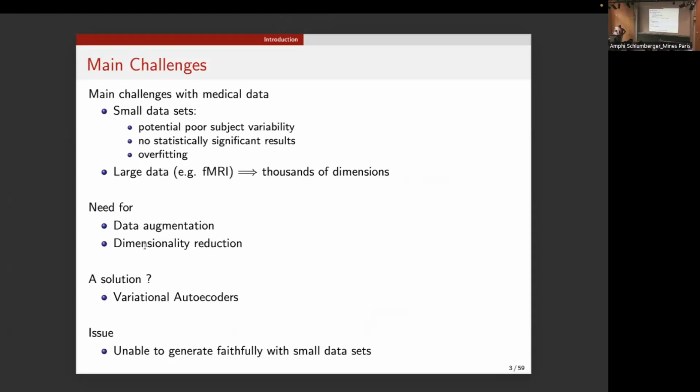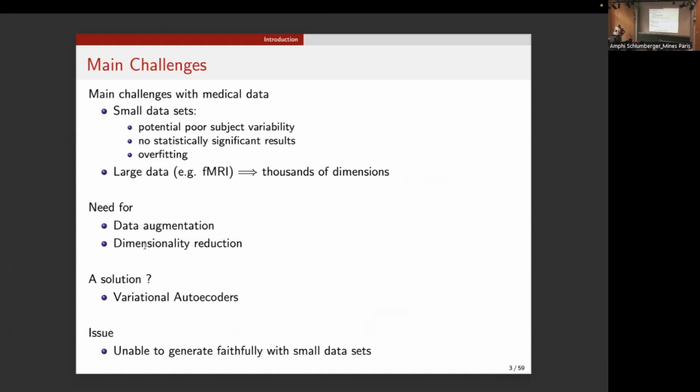My main challenge, as I said, is small data sets, which of course show poor variability, although there is a large variability that could be captured. Sometimes if you run statistical analysis, you have a lack of significant results and, of course, sometimes overfitting.